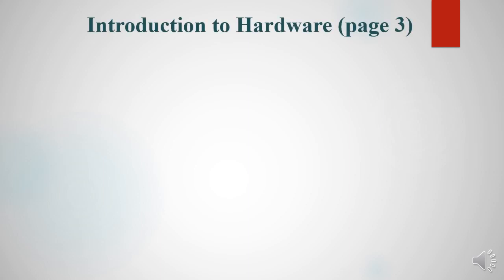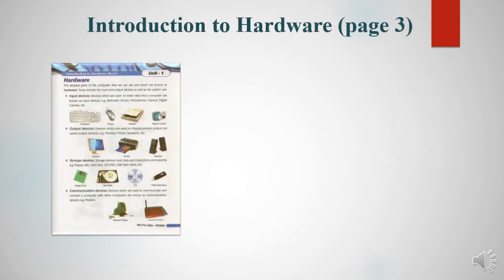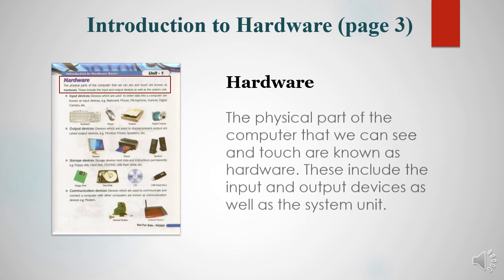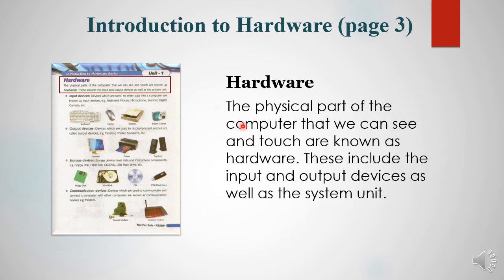Page number 3. In this page, here is the definition of hardware. The physical part of the computer that we can see and touch are known as hardware. These include the input and output devices as well as the system unit. So what are hardware?